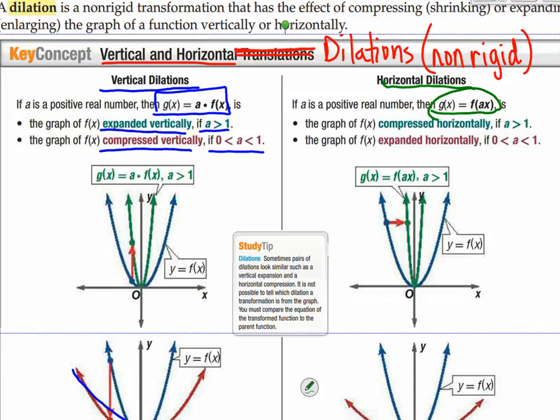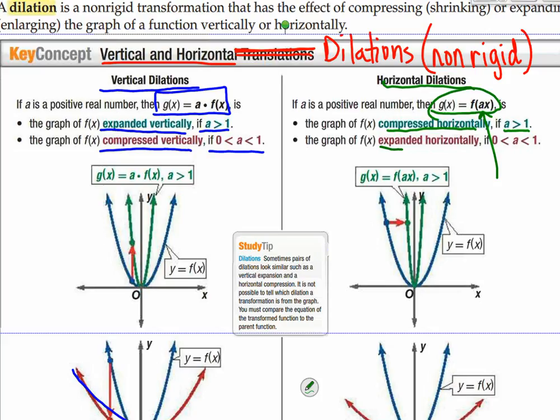And so visually, kind of a similar thing happens here, but because we're talking about changing it inside of that function where x is, it's named the opposite. Just like if we went left and right before, that went inside of that parentheses. So when we multiply by a number greater than 1, it's called compressed horizontally.